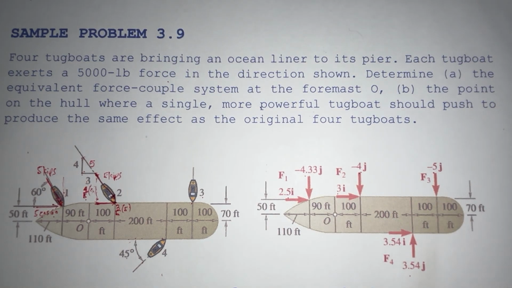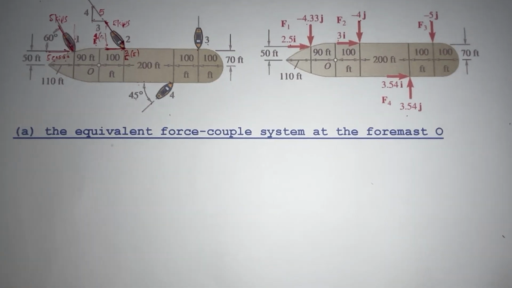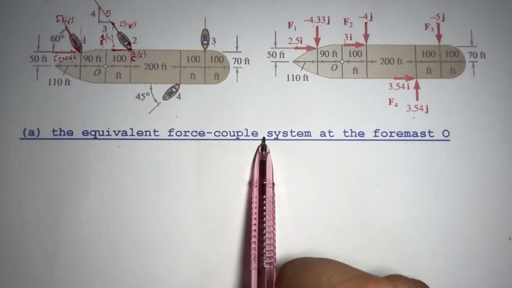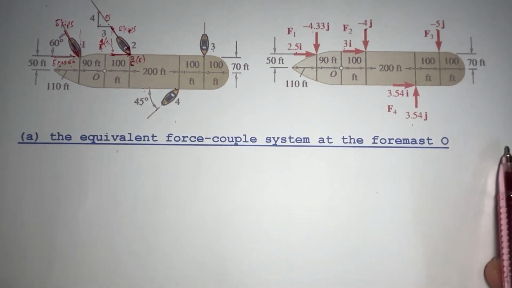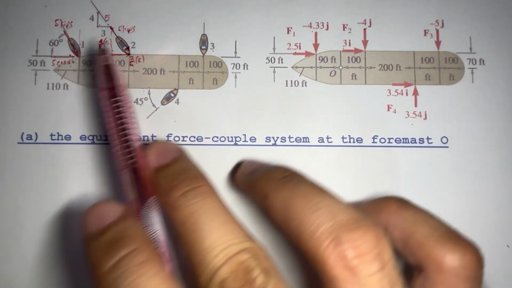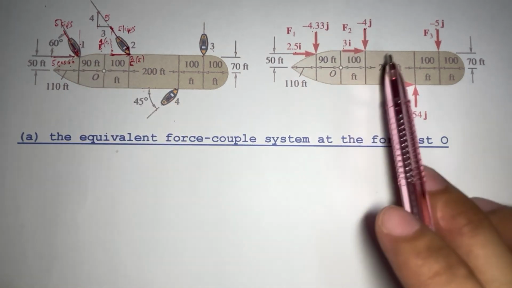So let's proceed to part A. We are asked to find the equivalent force couple system at the foremast O. At the very beginning, we resolved all the forces exerted by tugboats 1 to 4 into their components.